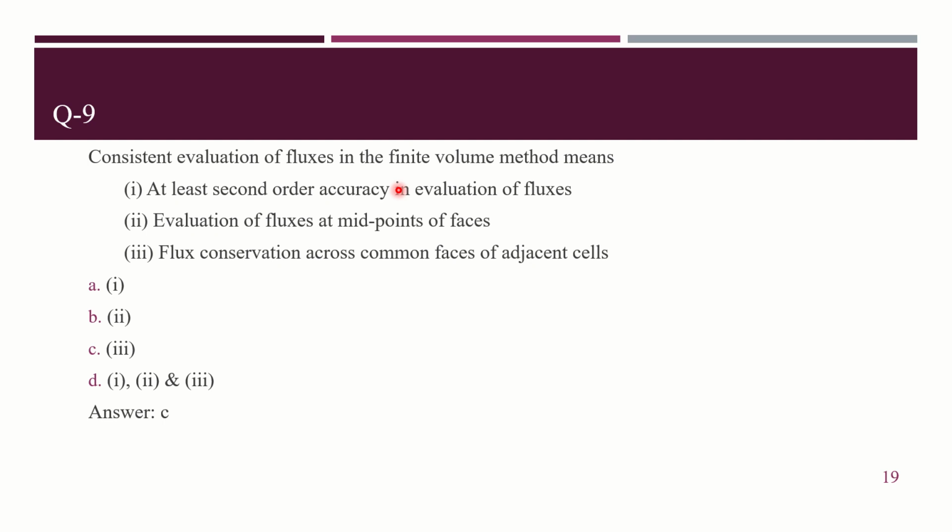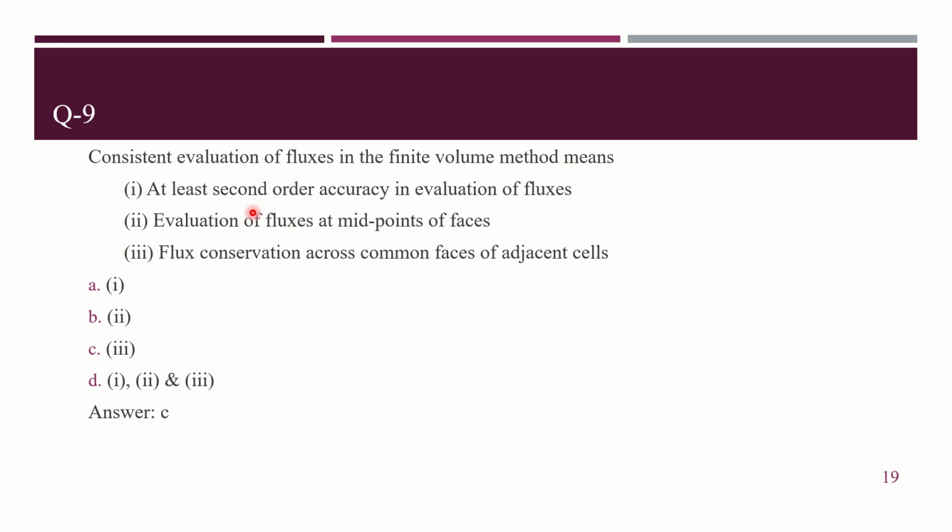Okay. Consistent evaluation of fluxes in finite volume method means at least second order accuracy in evaluation of fluxes, evaluation of fluxes at midpoint of faces, flux conservation across common faces of adjacent cells. So we are saying that there is a consistent evaluation of fluxes when we are using the finite volume method. It doesn't mean that second order accuracy in evaluation of fluxes is maintained, or even evaluation of fluxes at midpoint of faces.